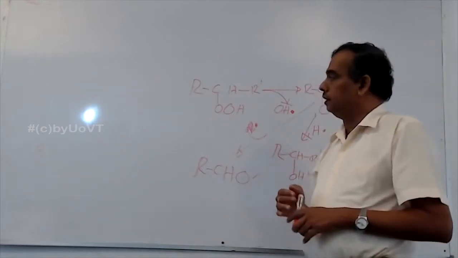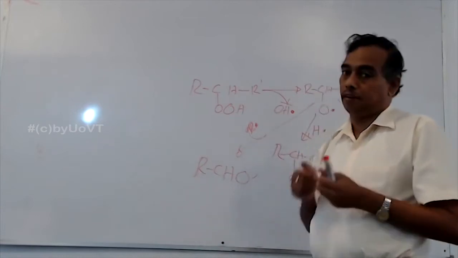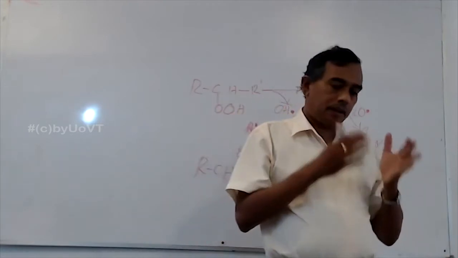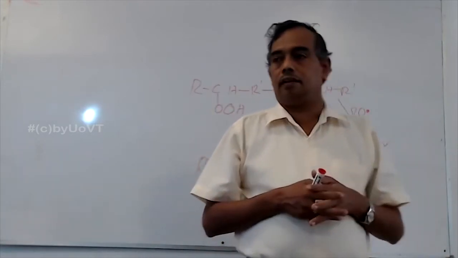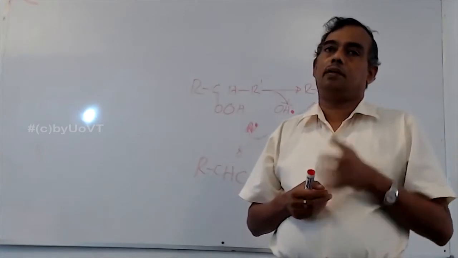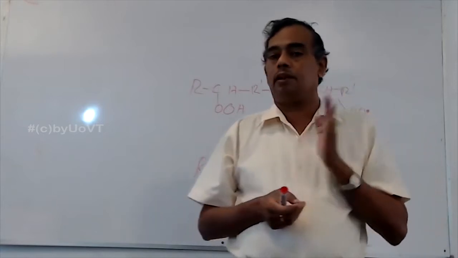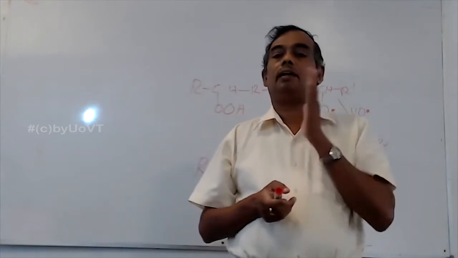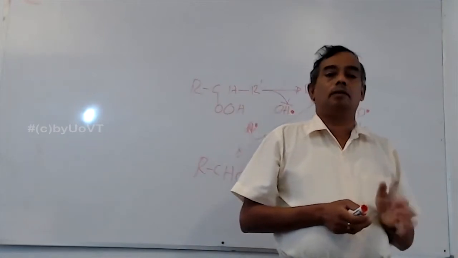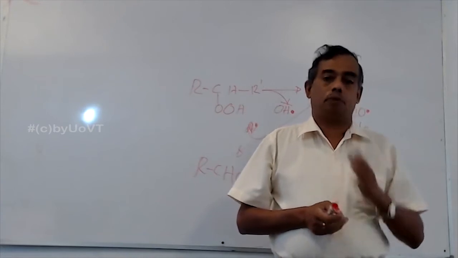So this is the whole reaction of auto-oxidation. If I summarize that part again, auto-oxidation affects the unsaturated fatty acid. When we discuss auto-oxidation, we have to discuss it with unsaturated fatty acid, not saturated fatty acid, because the basic requirement for auto-oxidation is the presence of a double bond in the compound.